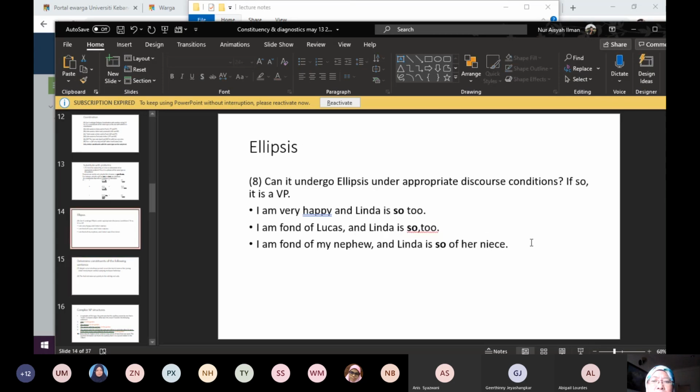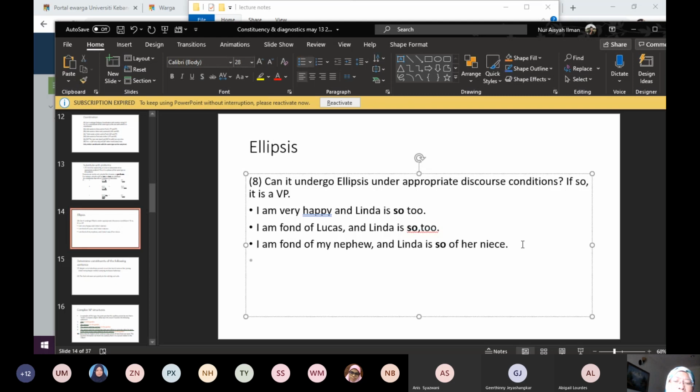But we can have a verb actually. We can say, Ali akan pergi ke kedai dan saya akan ke sana juga.